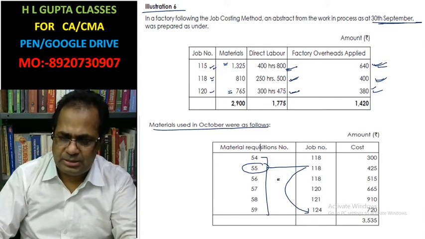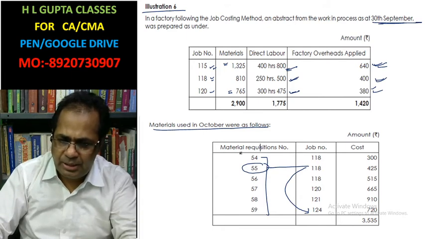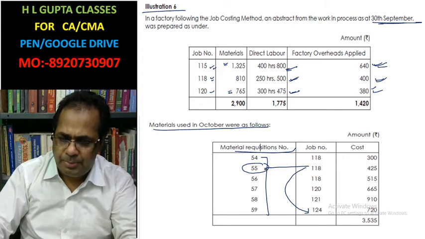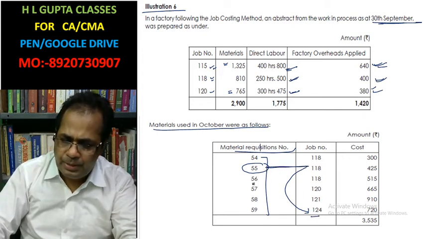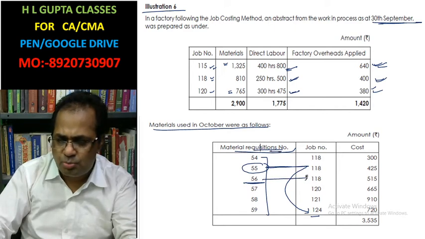In this case material requisition number 54 is transferred to the A, but it is transferred to 124. Material requisition number 56 is transferred to job 118, that is 515.